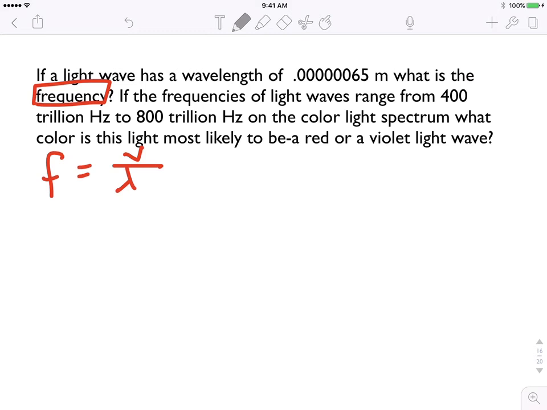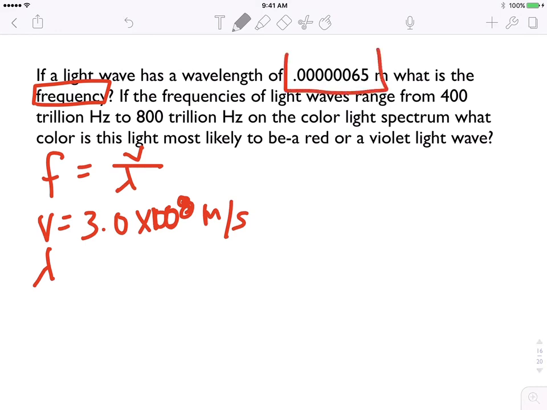And what is the velocity, what is the speed of light? It is 3.0 times 10 to the power of 8 meters per second. That's a 10 right there, guys. Sorry. And then we know what our wavelength is because it told us right here.